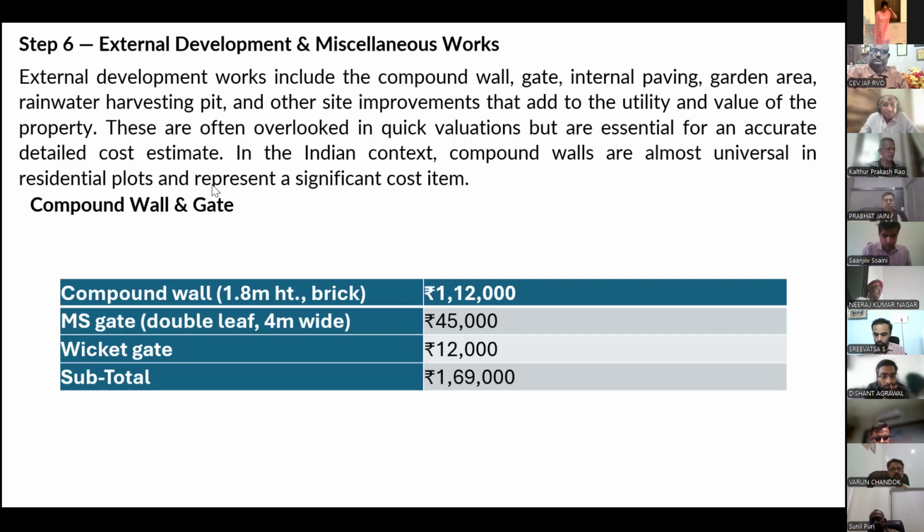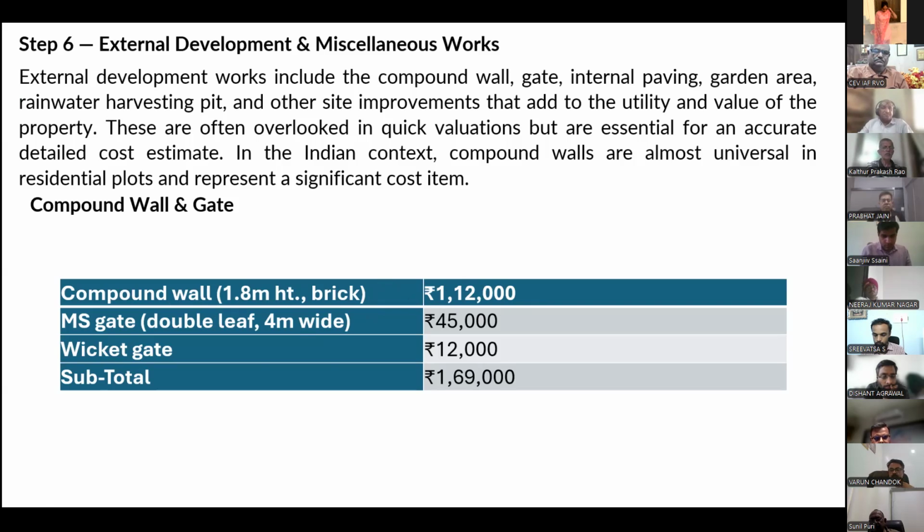Then for external development and miscellaneous charges: compound wall and gate. So 1.8 meter compound wall, brick wall. Its cost I have taken as a lump sum. You can have it in running meter rate, which is given in CPWD plinth area rates. You can use that.